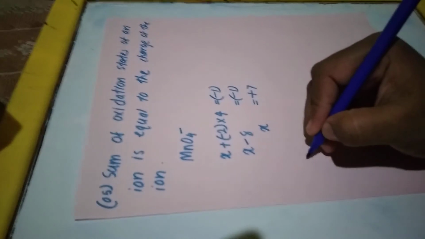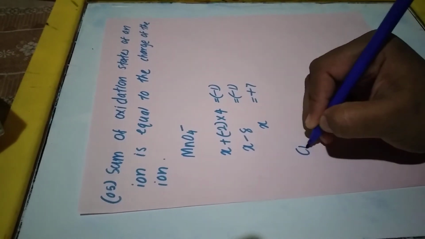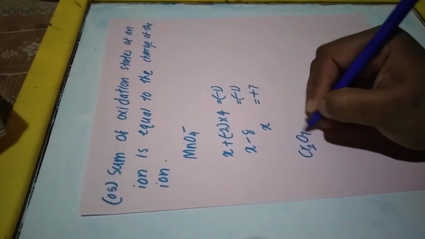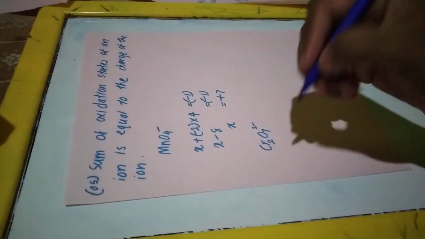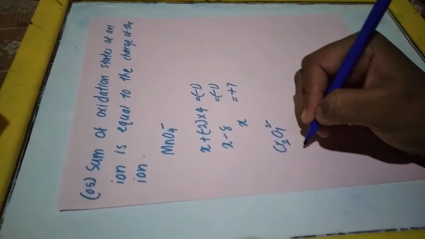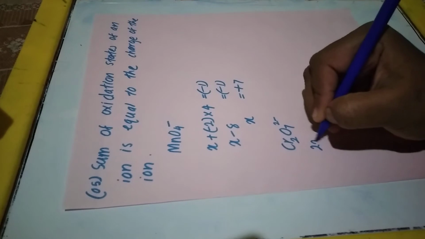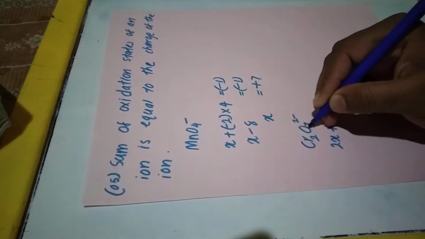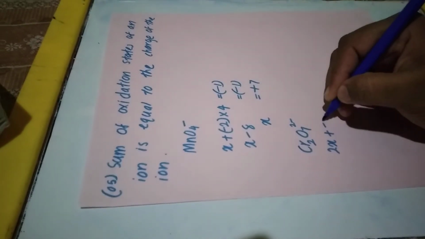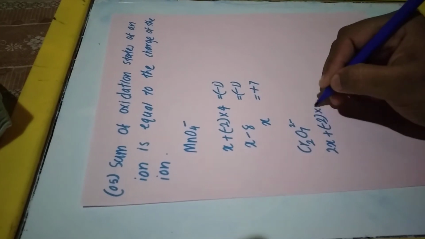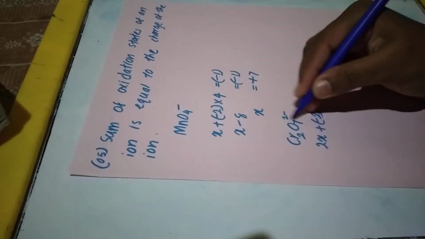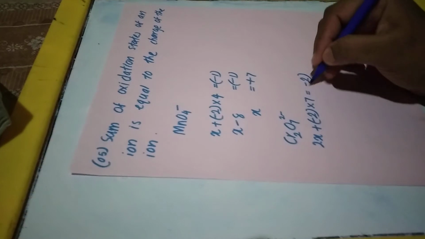Another example is the dichromate ion. In that case, you have 2 chromiums, so you can name it 2X, and oxygen is always -2. So 2X plus -2 times 7 equals the total charge, that is -2.